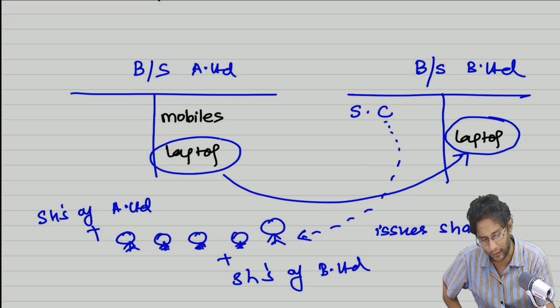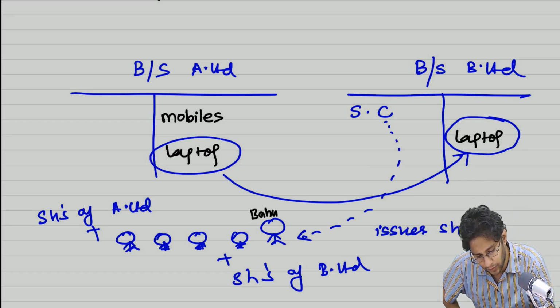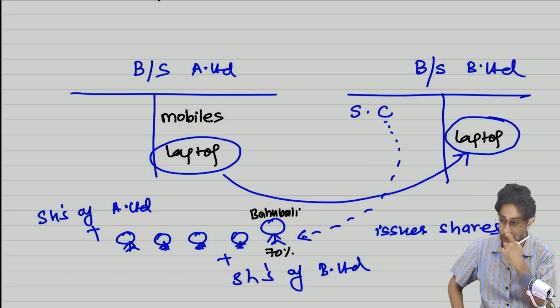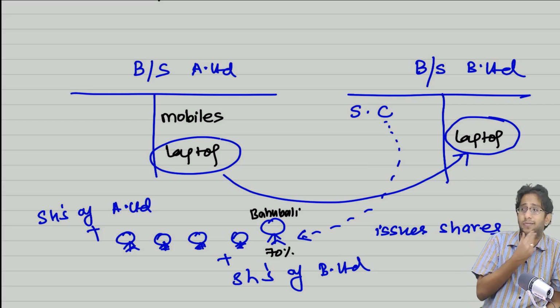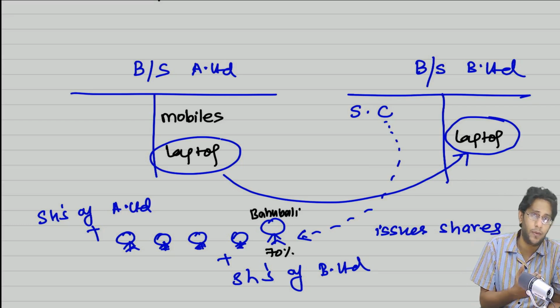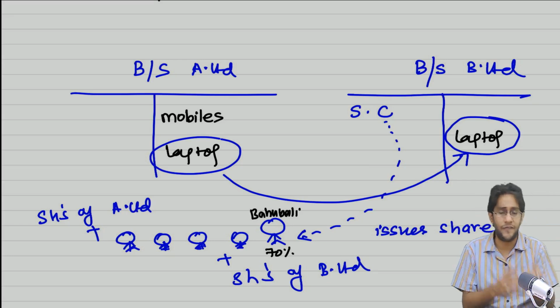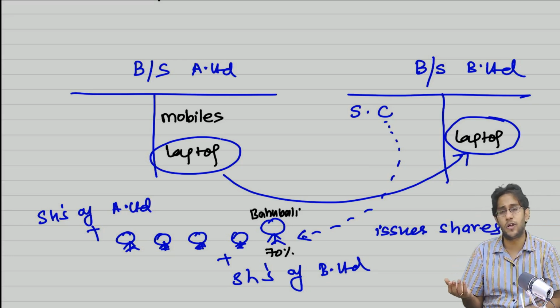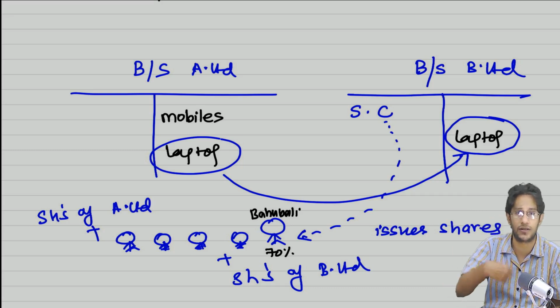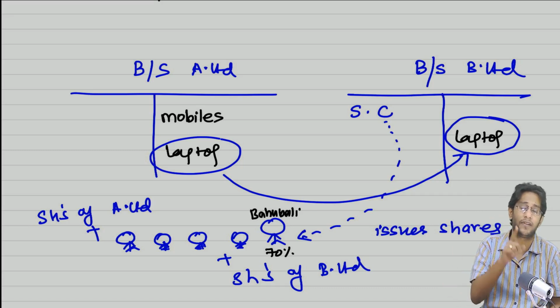So this fat fellow is a Bahubali shareholder. He is having 70% shares. So this fat boy was controlling the mobile division and laptop division before demerger. After demerger, he is a 70% shareholder in A Limited and B Limited, and therefore he still controls the laptop division after the demerger also.